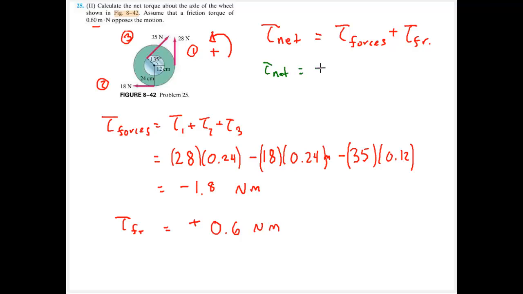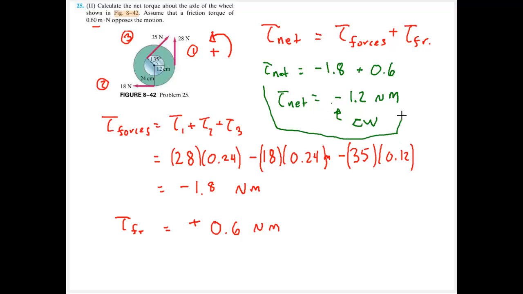I've got a negative 1.8 Newton meters plus my 0.6 Newton meters. So the net torque on this wheel is going to be negative 1.2 Newton meters. All the negative means is it's going to be in the clockwise direction. So make sure you indicate clockwise or counterclockwise when we're talking about torques.